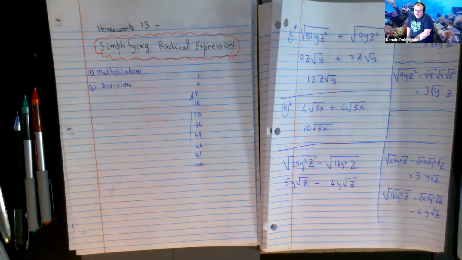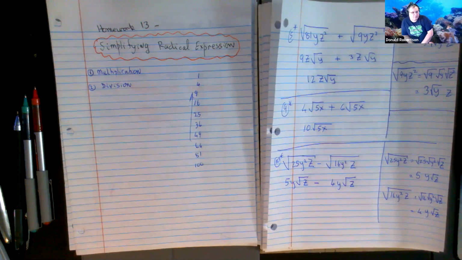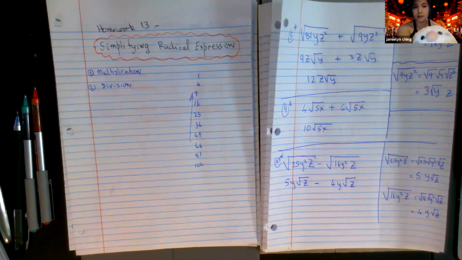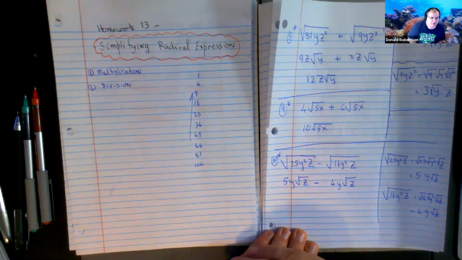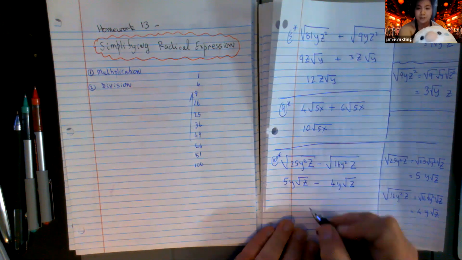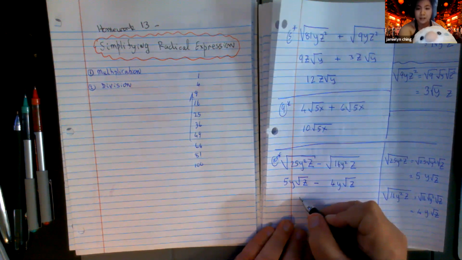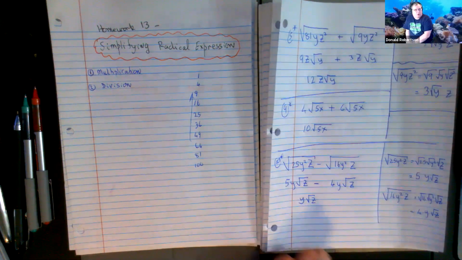What is the answer to this question, which by the way is question 10? Y square root z. Did you say squared there, Jamie? Did you mean to? Not square like the square root. Right, like y square root of z.